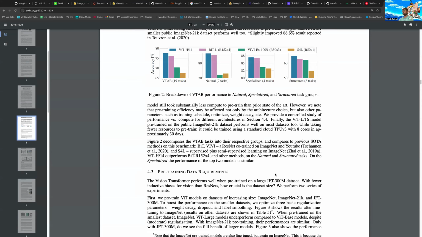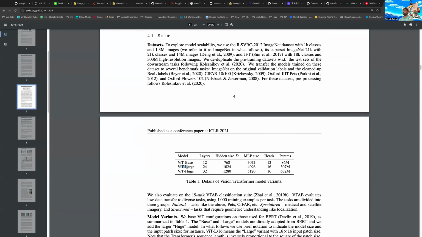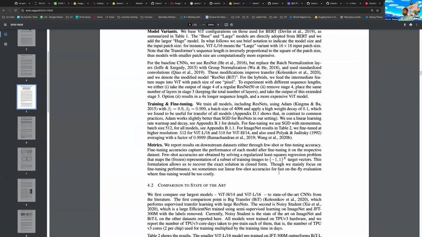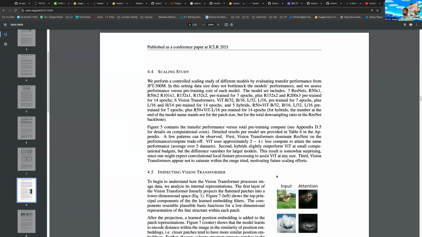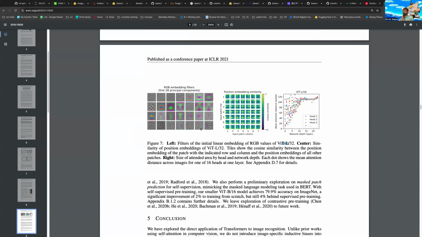Let me show you. Yeah, so ViT base, large, huge, with different layers and parameters, right? Over here, they are saying these results are shown for large, right?